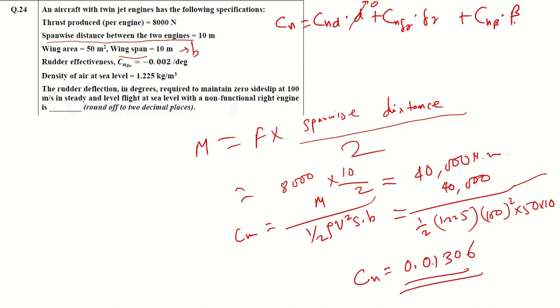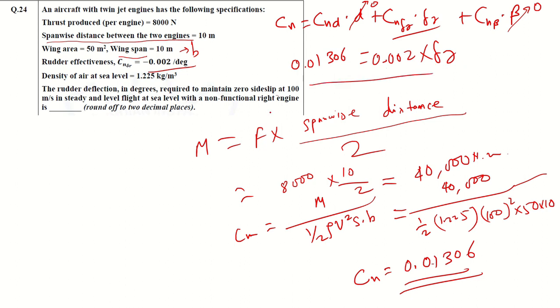Beta is the side slip angle, which is also 0. Only delta R remains, so the Cn I just found, 0.01306, is equal to Cn delta R, which is given as 0.002, into delta R, the rudder deflection. Solving this equation, we find delta R is equal to 6.53 degree.